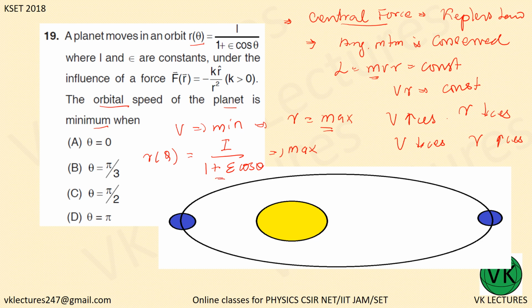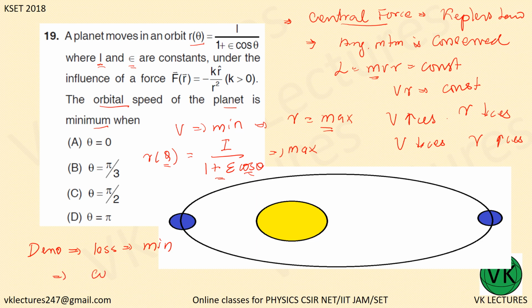Now here it is written l and epsilon are constant. The only variable is theta, because we know r is a function of theta. That means your denominator should be less or minimum.